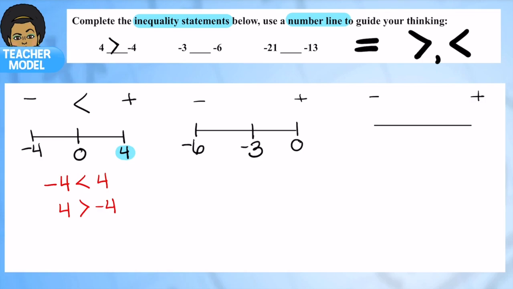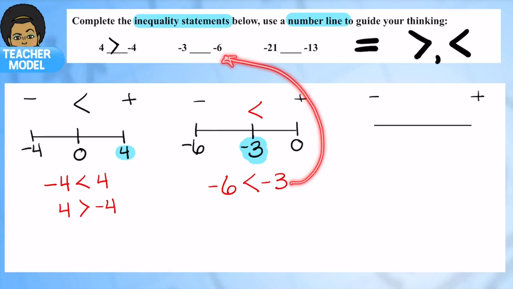And because of our rule, remember, we know that the largest number is always to the right. So out of these 2 values, the -3 is the greater number. I'm going to put this down as well here. So here's my first statement. -6 is less than -3. I can see it. I know this is true. But when I'm looking up here, if I were to put that symbol, it would mean that the -6 is greater.